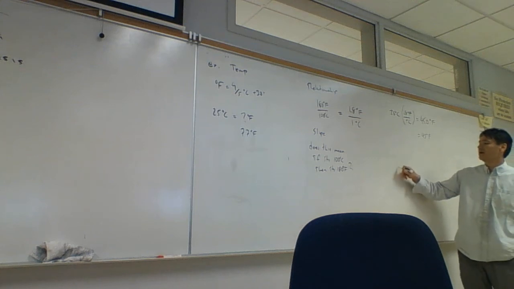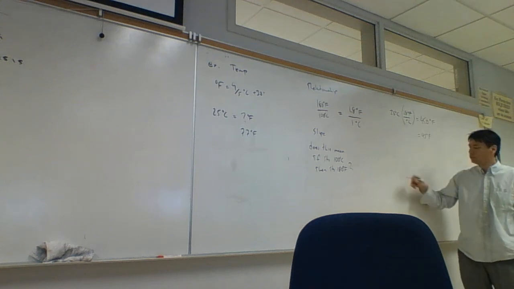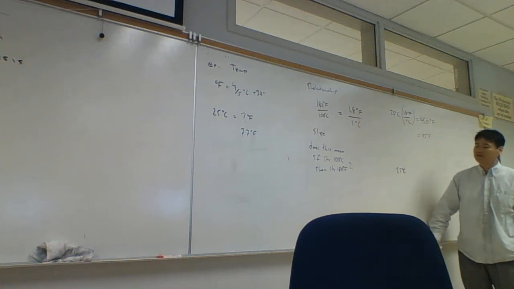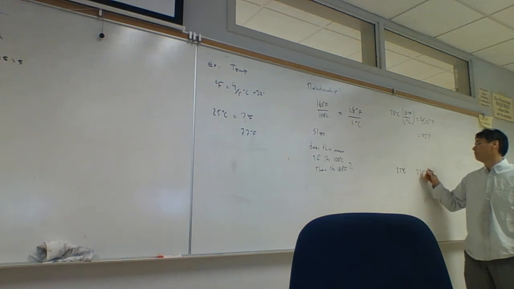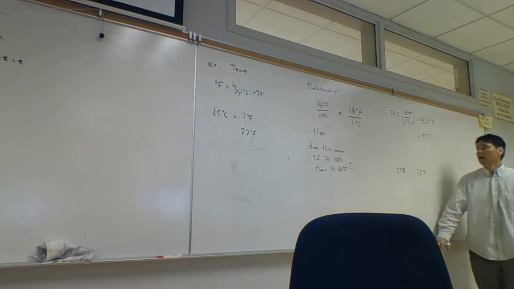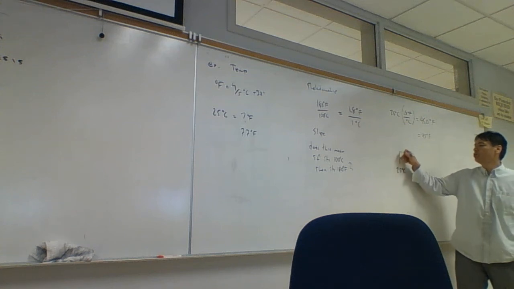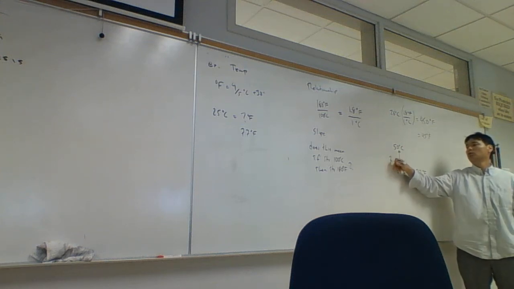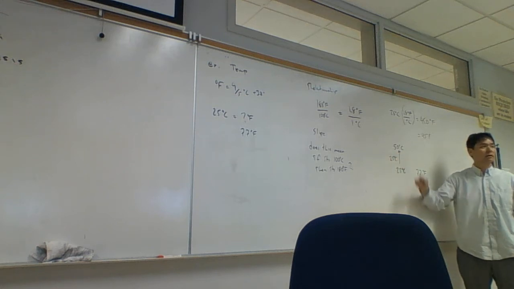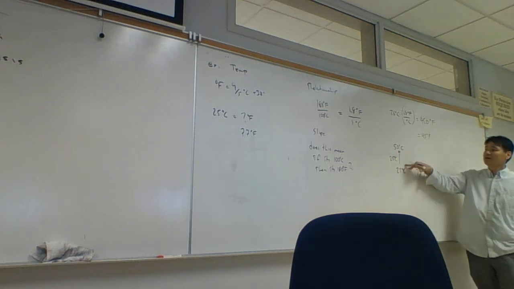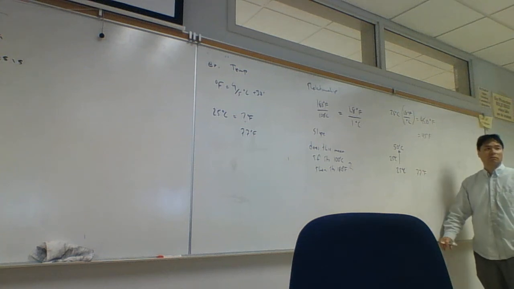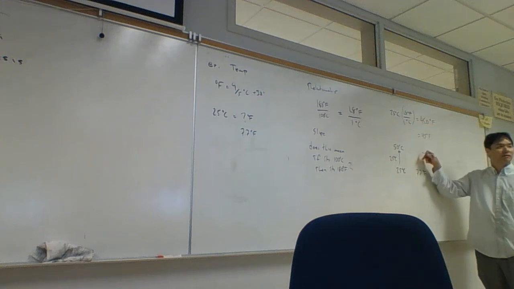In other words, let's say I'm at room temperature, 25 degrees Celsius, room temperature, 77 Fahrenheit. And then if I go up from 25 degrees Celsius to 50 degrees Celsius, so the temperature increased by 25 degrees Celsius, what did the Fahrenheit increase by? 45 degrees.